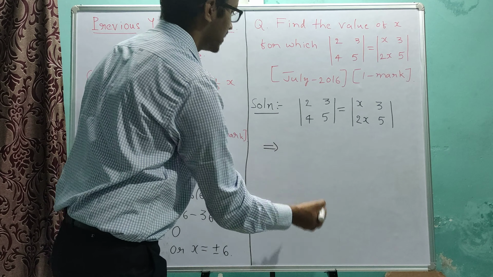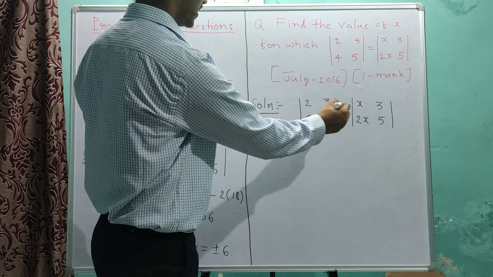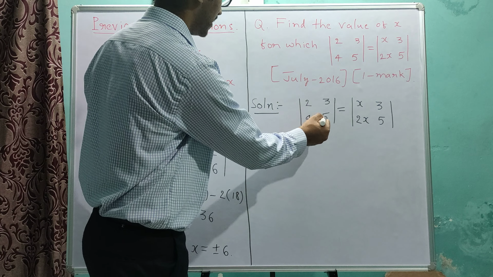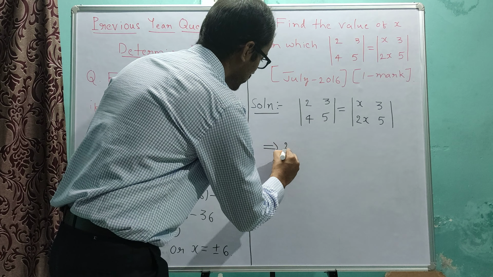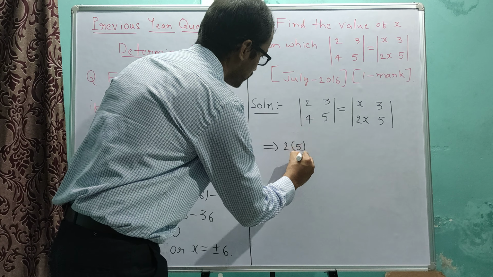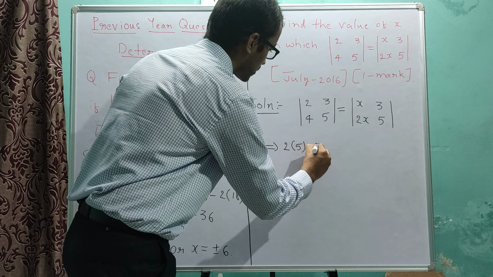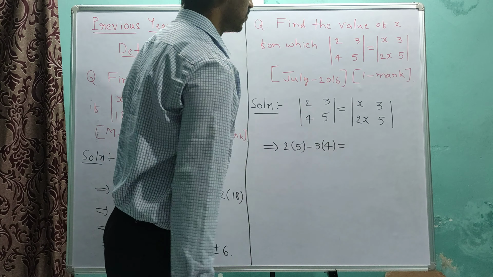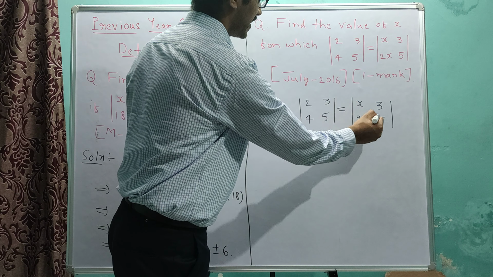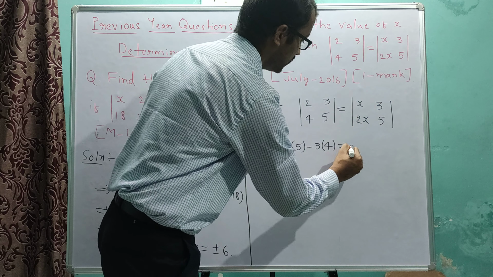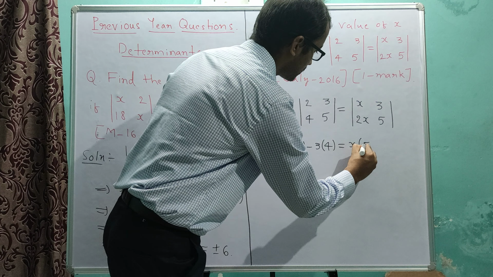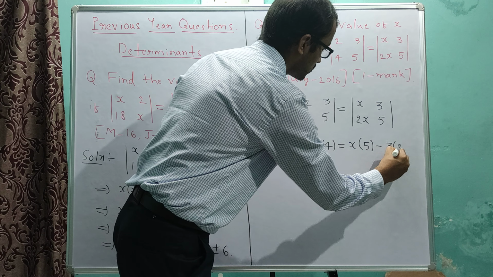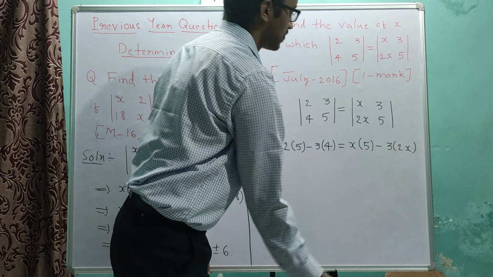Expand the determinant on both sides. If we expand the determinant on the left side, that is 2 into 5 minus 3 into 4, is equal to, on the RHS, x into 5 minus 3 into 2x.